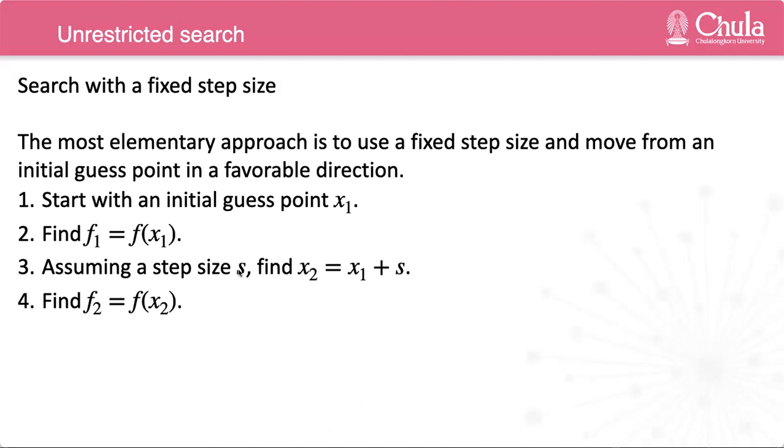So the algorithm here: we start from an initial guess point x1, and then we find f1, and assuming a step size of s, we locate x2, which is x1 plus s, and then we find f2.